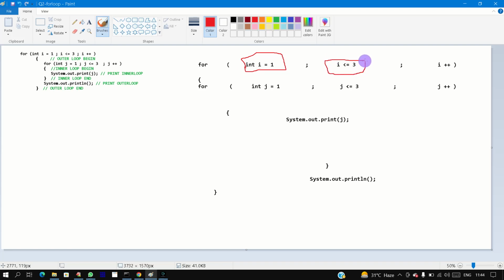Condition is being done. Condition was 1 less than or equal to 3. Condition is true. If the condition is true, we will be going inside the body of the loop. Which loop? Inner loop. Now we are inside the body of the inner loop. Fine. First of all, the inner loop will be running. Now just look how it will run.